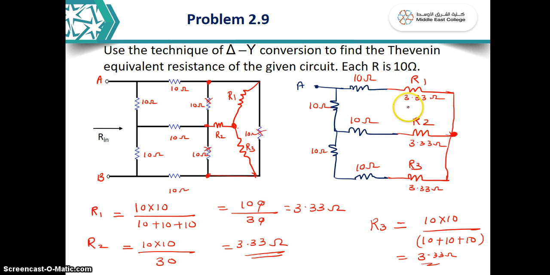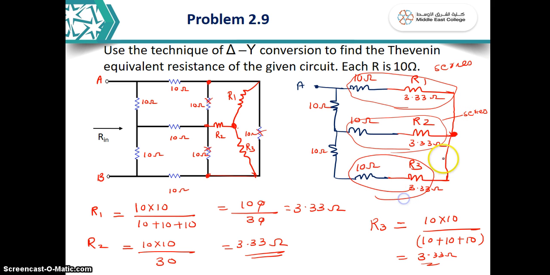Now look at this. These two resistors are connected in series. These two resistors are again in series. These two are again in series. So 10 and 3.33 in series means 13.33. This is again 13.33, this is again 13.33. So now these 6 resistors you can reduce to 3 resistors plus these 2 resistors. And this is your point B. Between these two you have to find the resistance value.